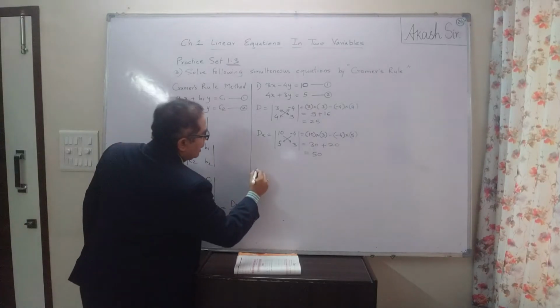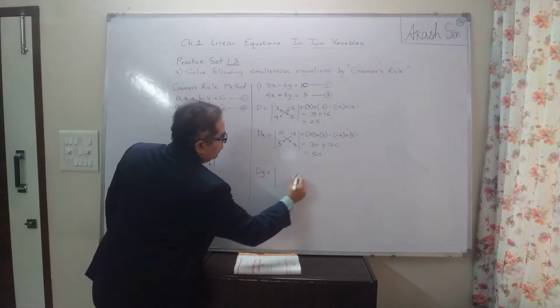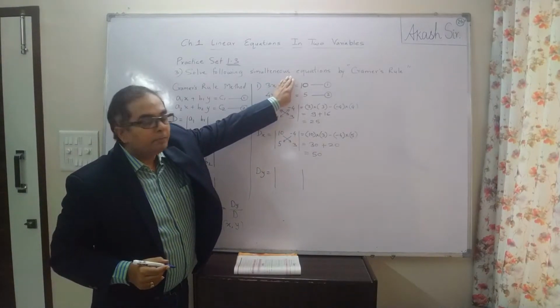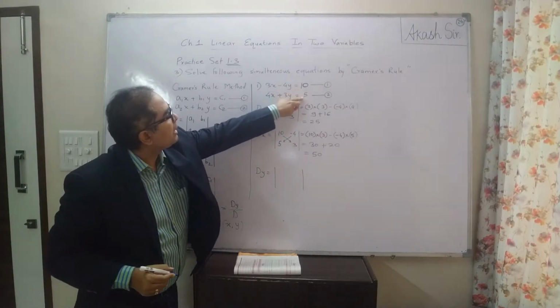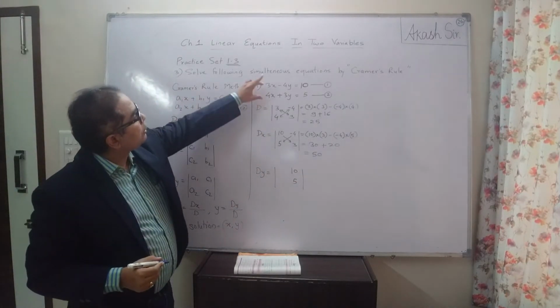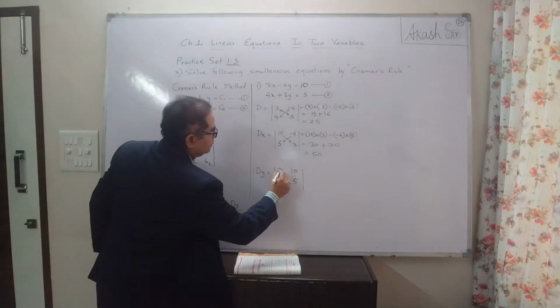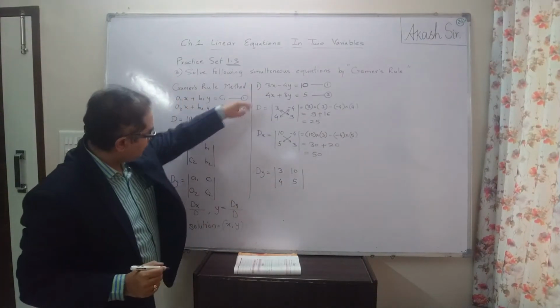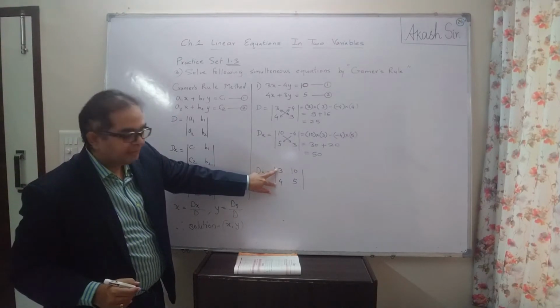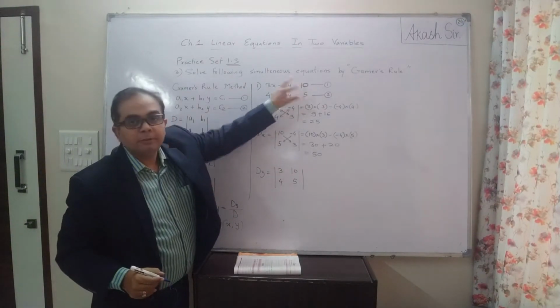Okay, now Dy. How will you write Dy? In place of coefficient of y, replace c1, c2, that is 10, 5, and coefficient of x as it is, 3, 4. See, a1, a2, c1, c2. a1, a2 means coefficient of x, c1, c2 are the last numbers.